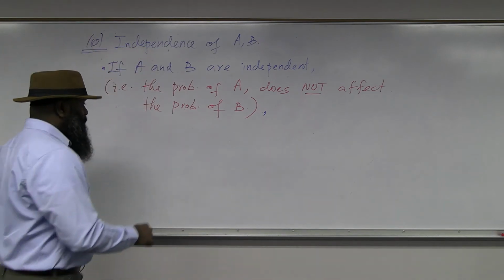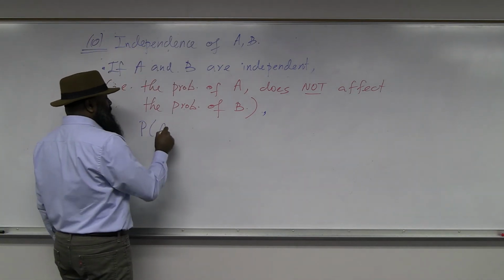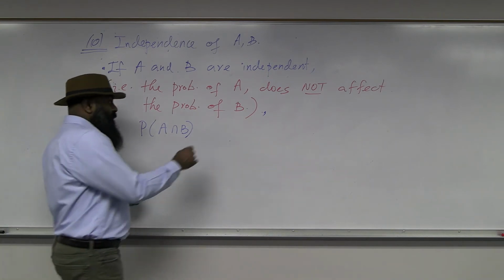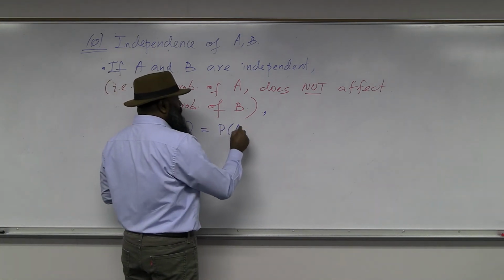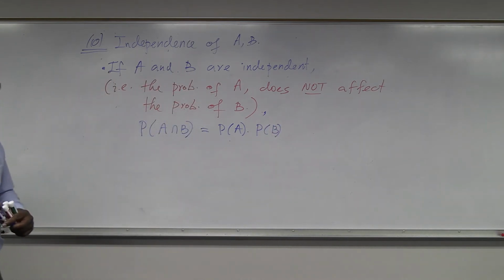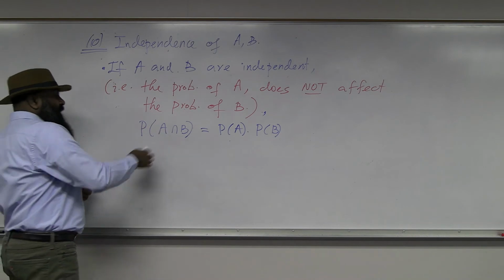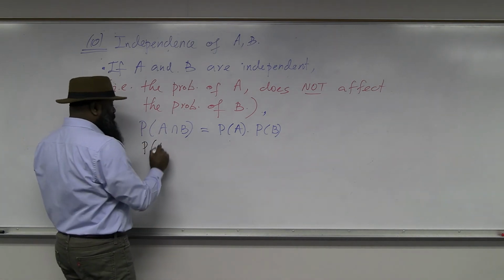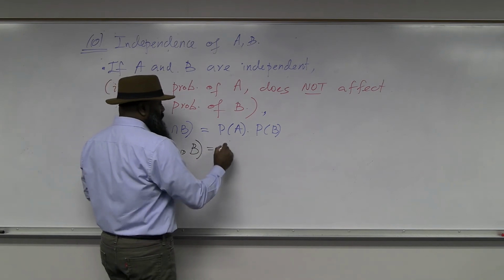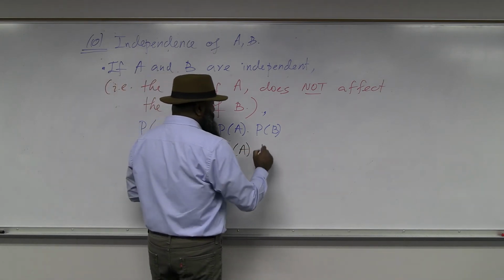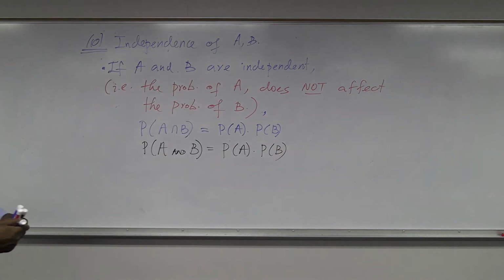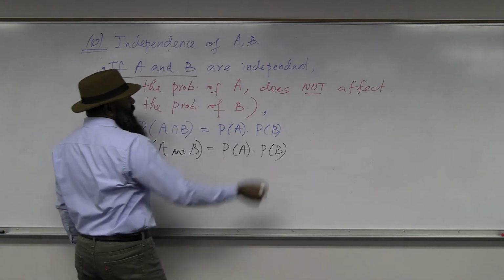That equation is the probability of A intersection B will be equal to probability of A times probability of B. You may write the left-hand side in words as well. So it's probability of A and B. This will be equal to probability of A times probability of B. That is only if A and B are independent.